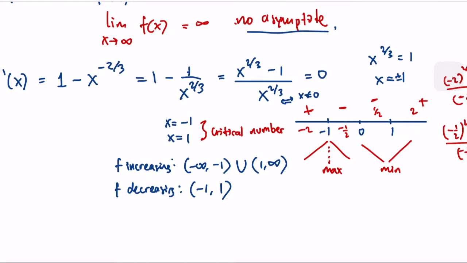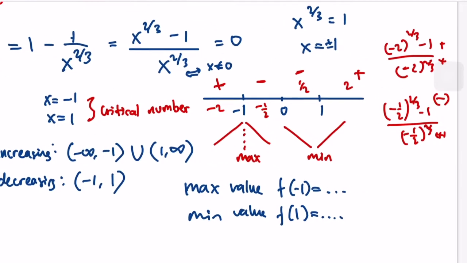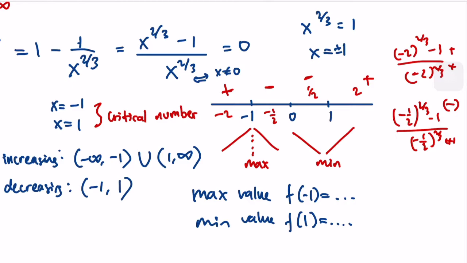And if it's asking for the max value and min value, you can check. If you check the max value, plug in -1, -1 squared is 1, it should be 2.